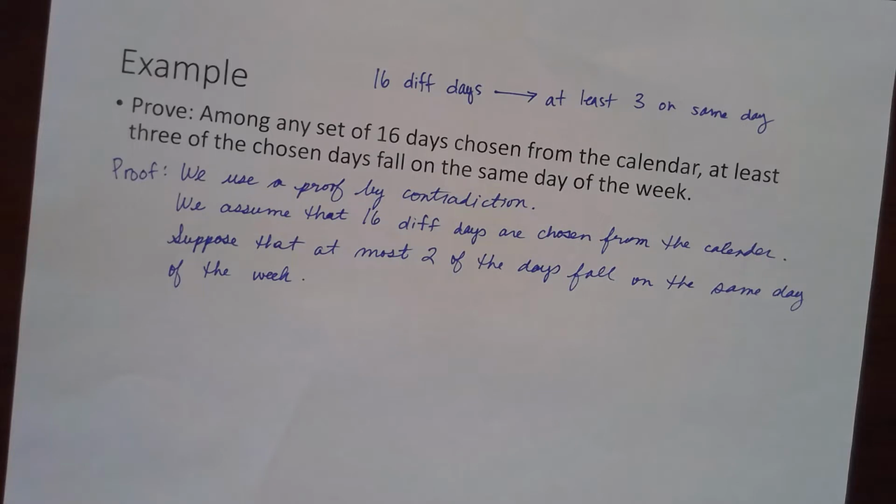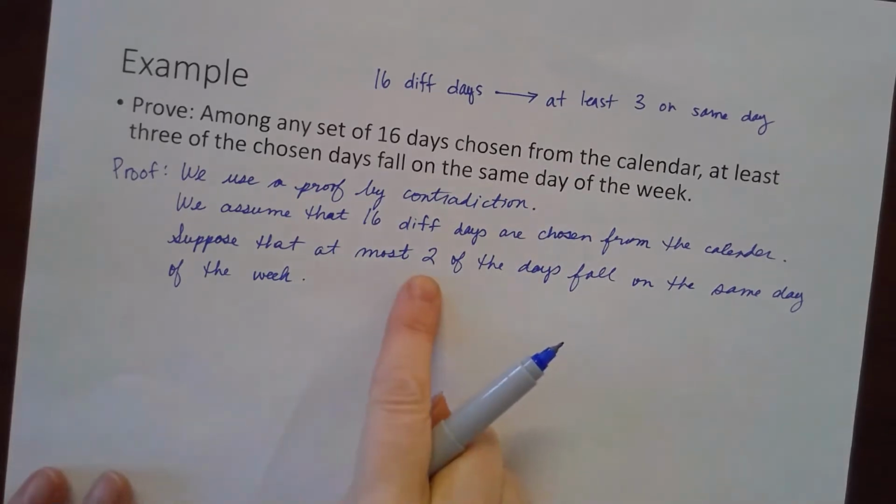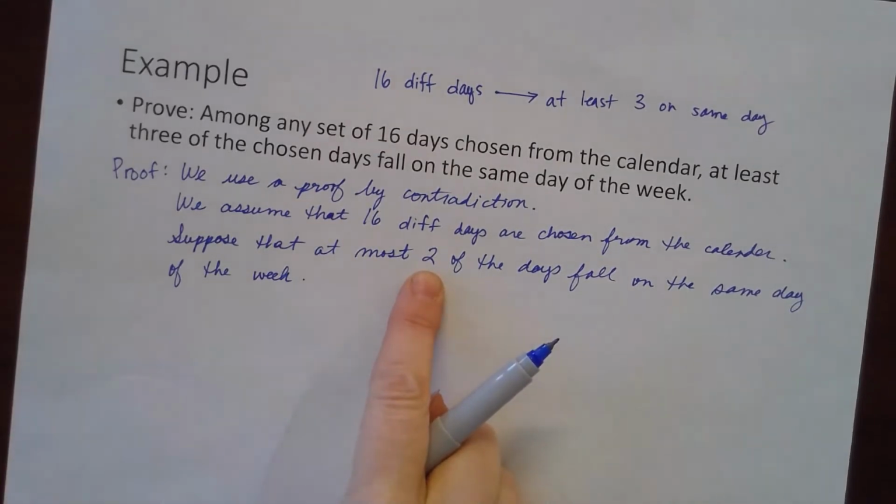You've got 16 days, and there's 2 here, 2 here, 2 here, 2 here. How many days is that going to have to cover? I'm going to try to minimize the number of days that I can cover. I'm going to put as many on each day as I can. I can have at most 2 on the same day of the week.